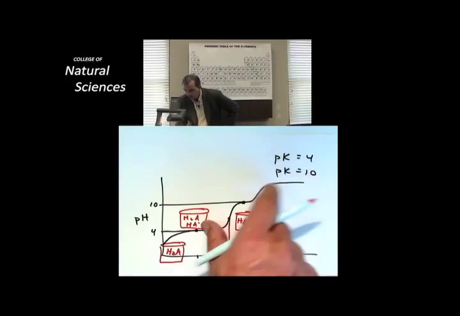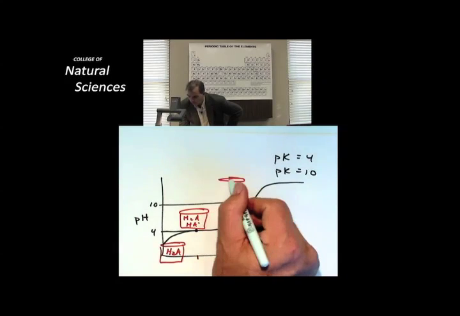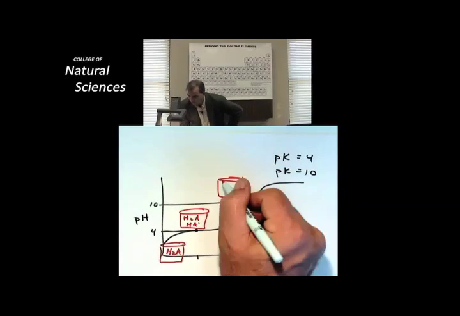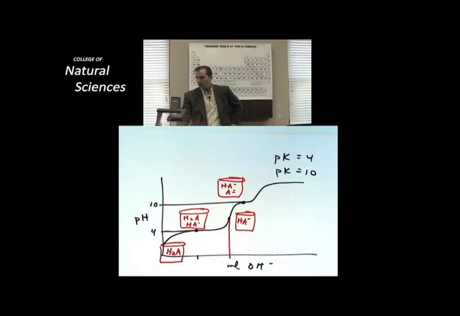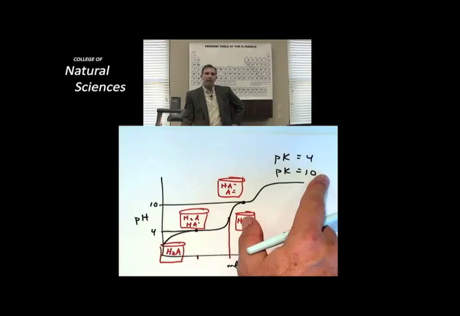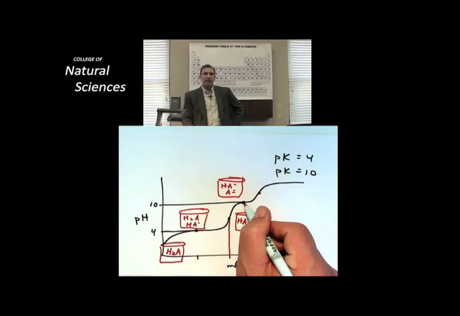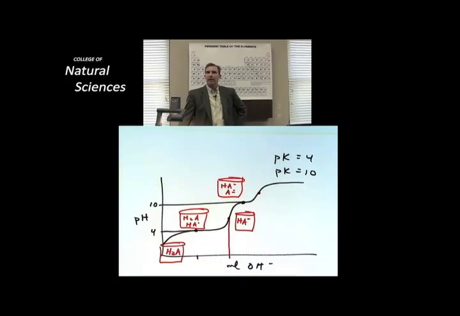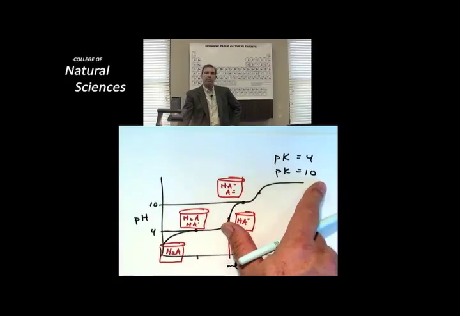I continue on to my next dissociation, and as I start to do it, I realize that I have entered a second buffer region. That second buffer region corresponds to the second pK, the more basic pK. Once again, the halfway point from this dissociation right here reads back to a pH of 10, because the pH equals the pK at the second dissociation, halfway to the second dissociation.